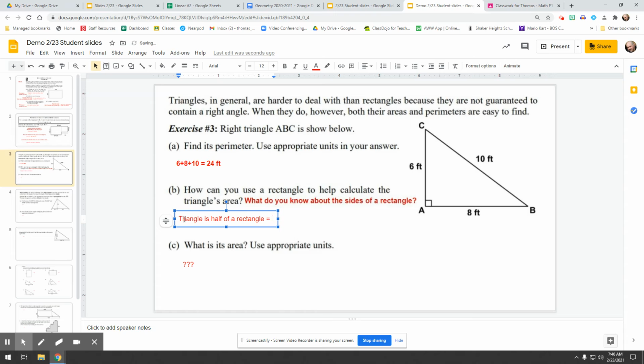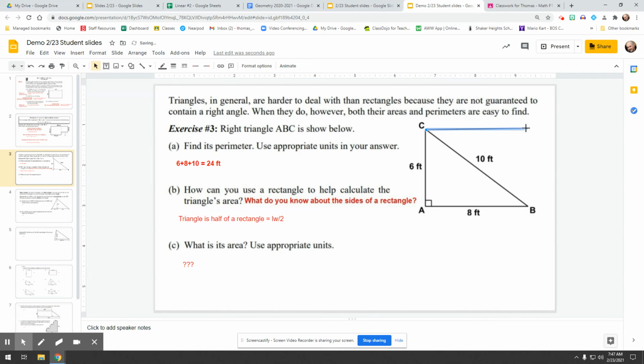And if we know that length times width is the area of a rectangle, we just have to find the length times width. To find a triangle, you take the length and the width, length times width, and you divide it by 2. So we know that a rectangle is length times width, which, if this were a rectangle, would be those two perpendicular sides. 6 times 8 would be 48.